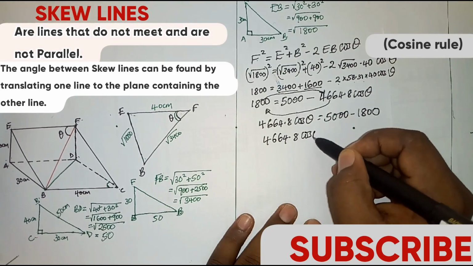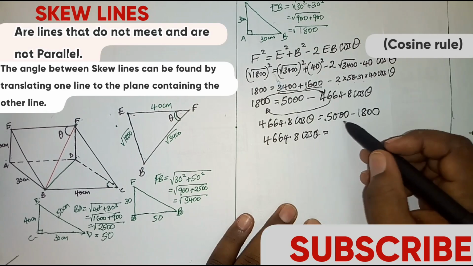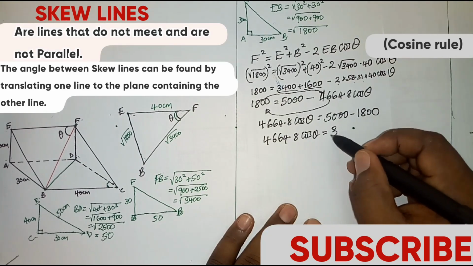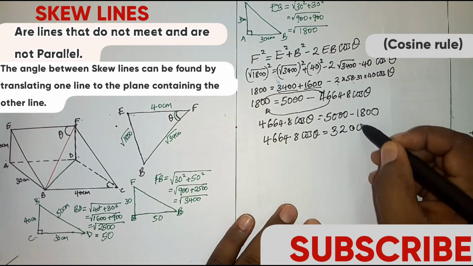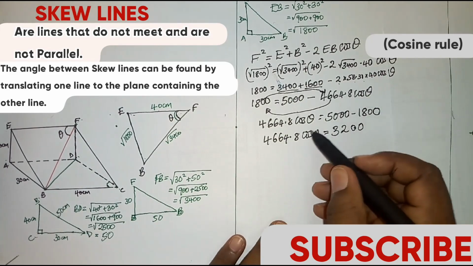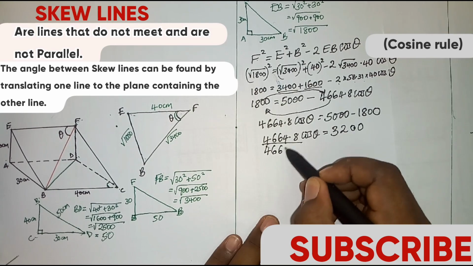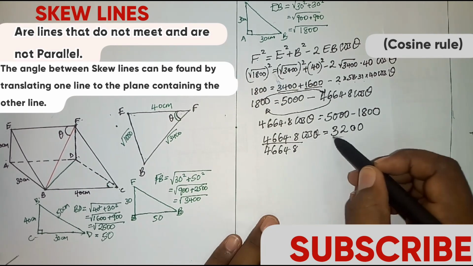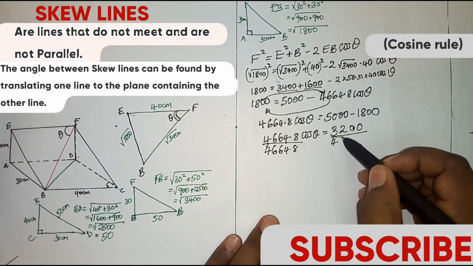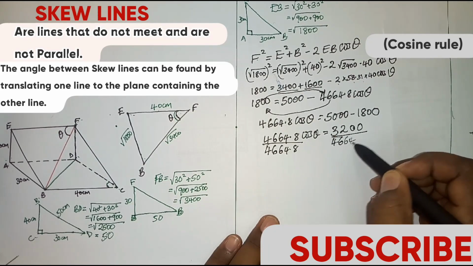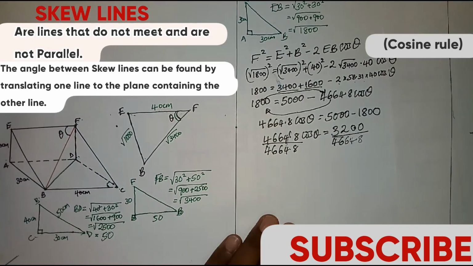When you subtract 5,000 minus 1,800, you are going to get 3,200. So to get cos theta, we have to divide both sides by 4,664.8.